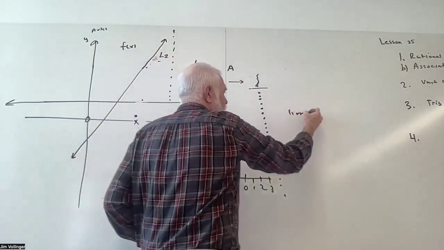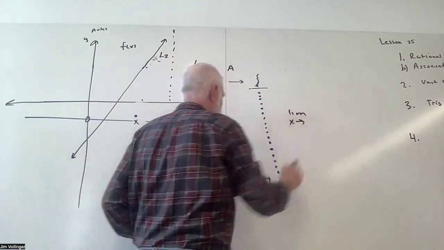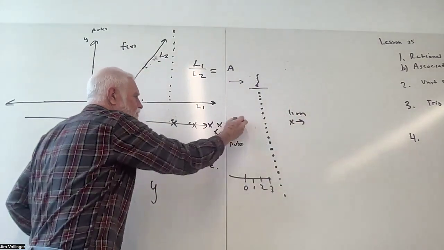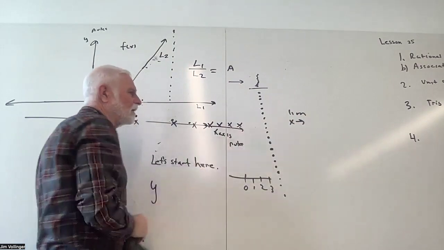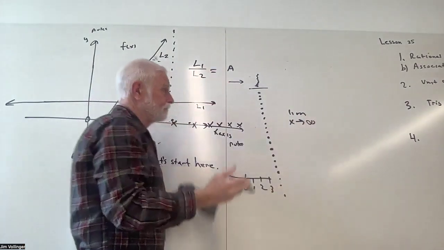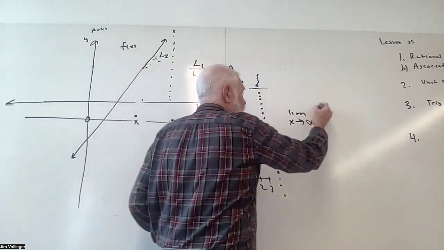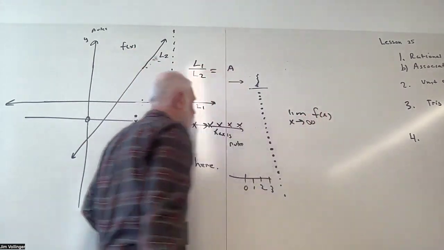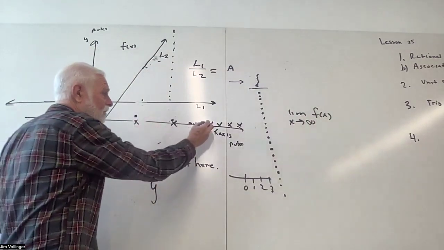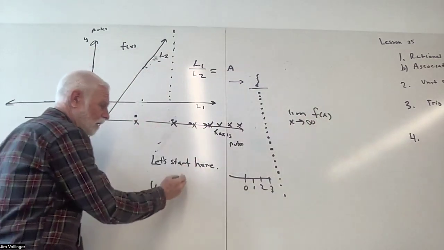What's the limit as x goes to, where am I headed? I keep considering bigger and bigger x's. I think I'm headed to infinity. And what are my fractions going towards? Well, it seems like 1/3, 1/4, probably a 5th, probably a 6th.